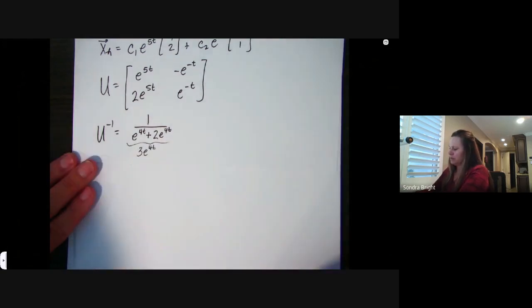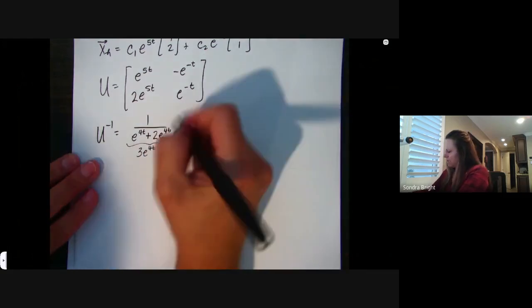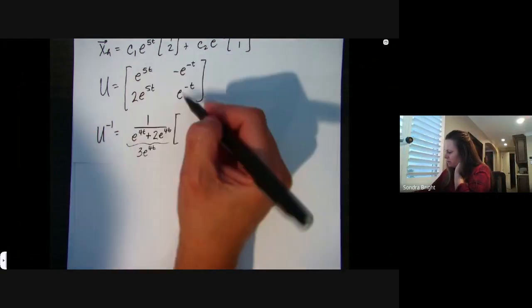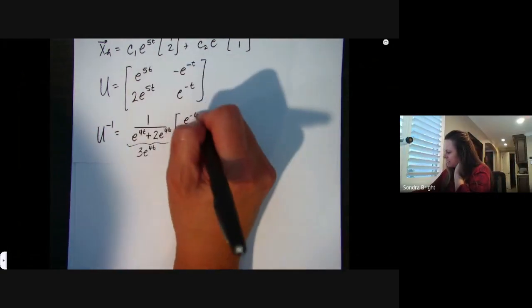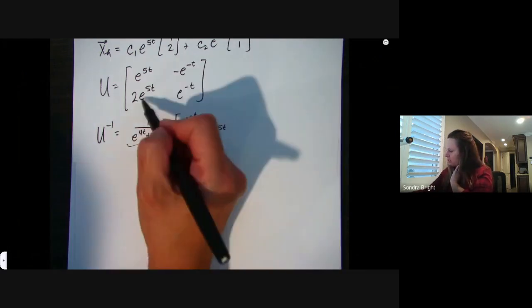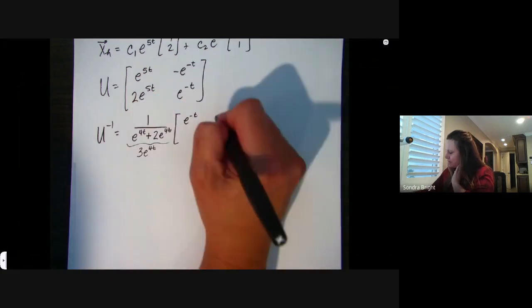So you're going to be multiplying it by 1 over 3e to the 4t. All right, and then if U is this guy, we're going to flip-flop this diagonal. So now this is e to the negative t, and this is e to the 5t. These two guys stay in the same spot, but just change their sign. So this is now a positive e to the negative t, and this is a negative 2e to the 5t.